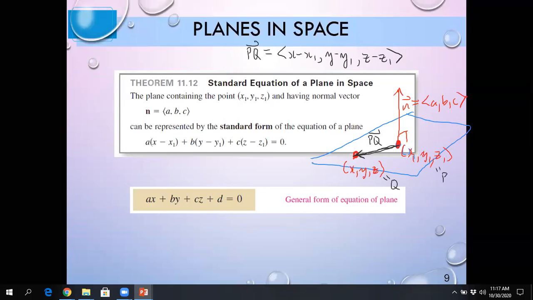Let me ask you a question. What's going to be true about that vector PQ and the normal vector, if indeed x, y, z is in the plane?